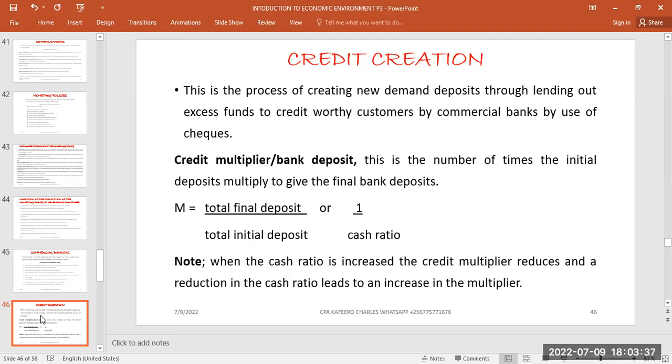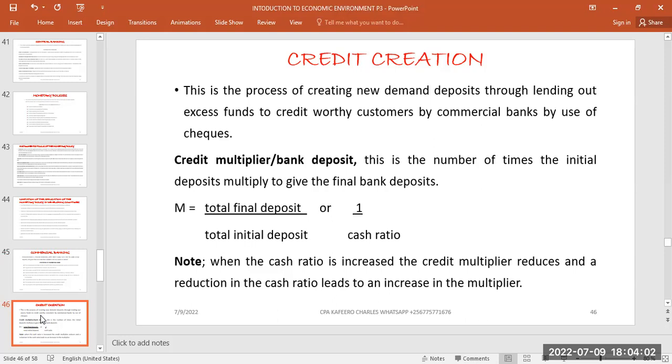We are saying that credit creation is the process of creating new demand deposits through lending out excess funds to credit-worthy customers by commercial banks through the use of checks. We are using checks when you are depositing the money. So it is the process of creating new demand deposits.